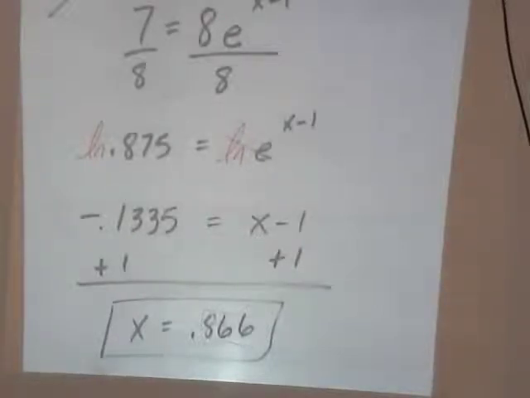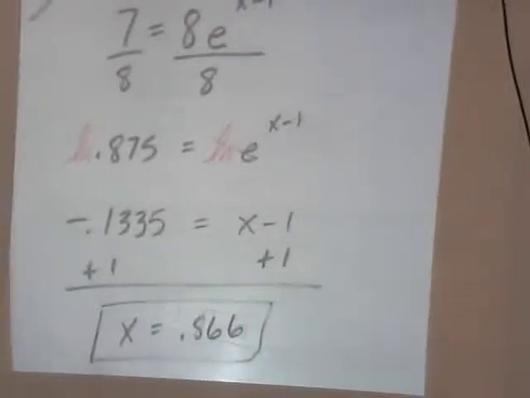Questions on 46? All right, 47. Use the formula to find the number of years it would take to double $600, 4% APR compounded annually, round to the nearest tenth of a year.